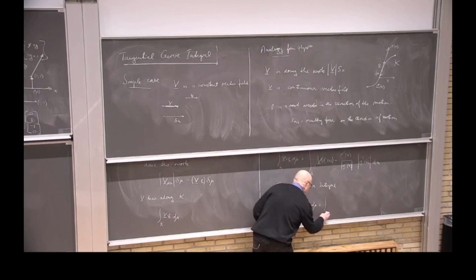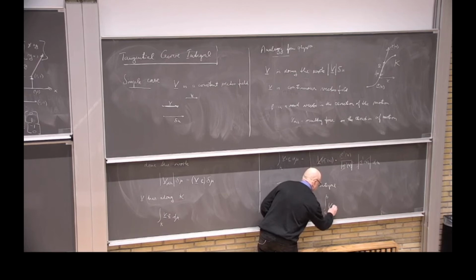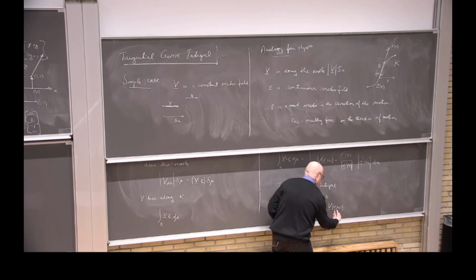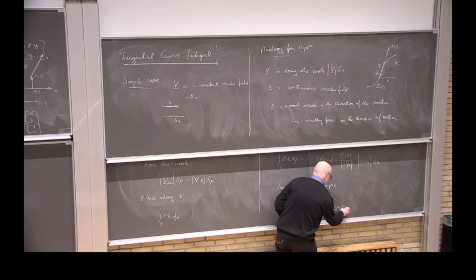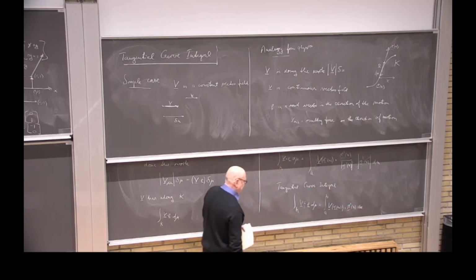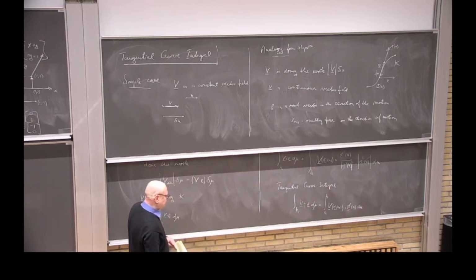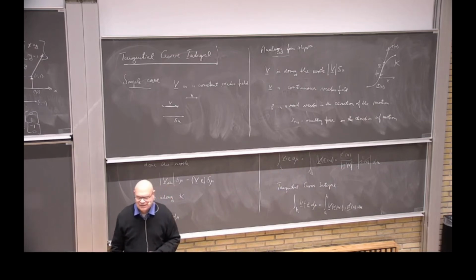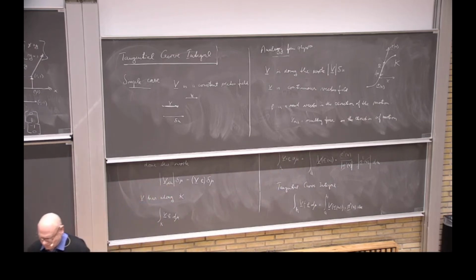So we have this simple formula: the restriction of the vector field to the parametric curve, dotted with the tangent vector. This is nice and simple.